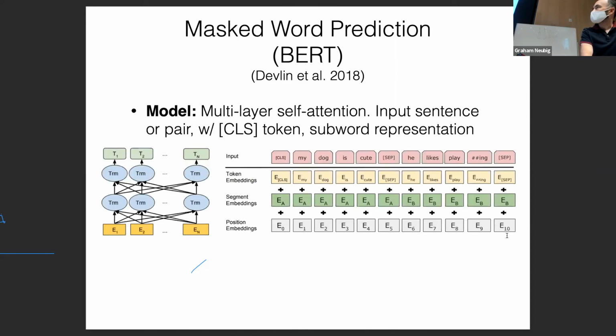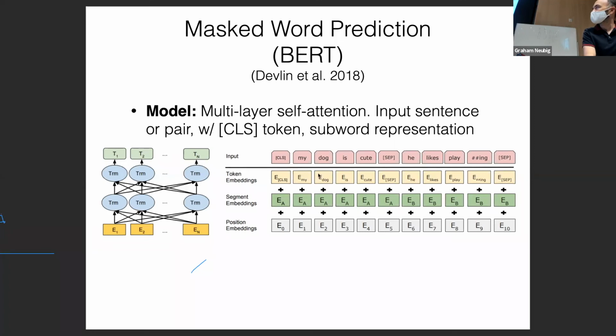So the way this works is you basically have a transformer-based model, a multi-layer self-attentional model using transformer blocks, and you input a sentence or a pair of sentences, and you append an extra token called CLS, the CLS token, and you also have segment embeddings.